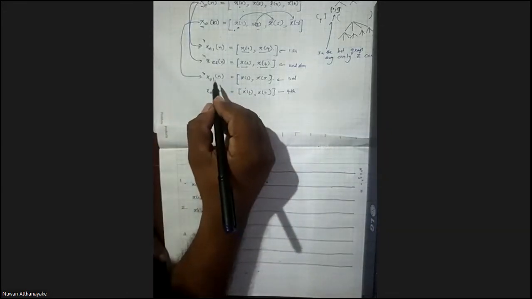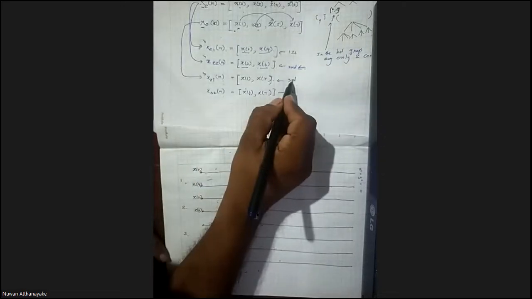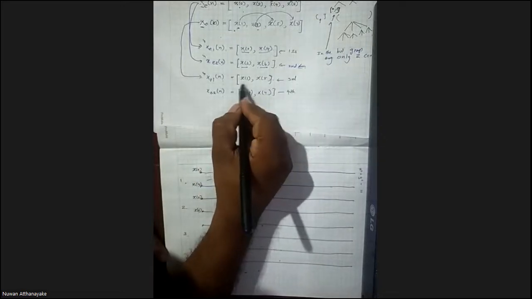My components will be x2, x6. And this will be my third group, and my components will be x1, x5.